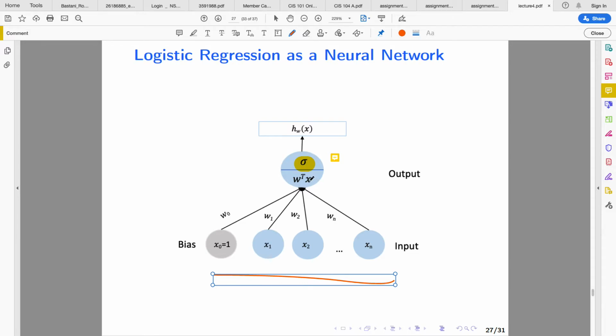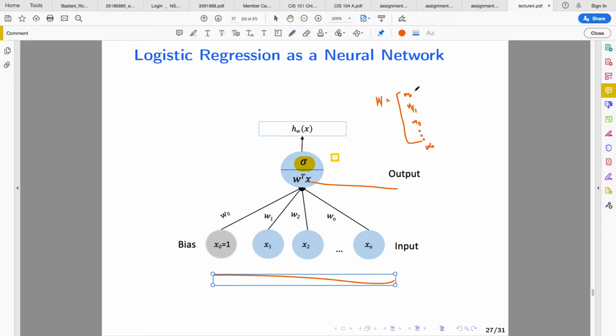Now, we also saw that what you do is you take the weight matrices multiplied by x, where this x represents all this x, and where this w represents all this w. In other words, the large W is equal to W0, W1, W2, up to Wn.